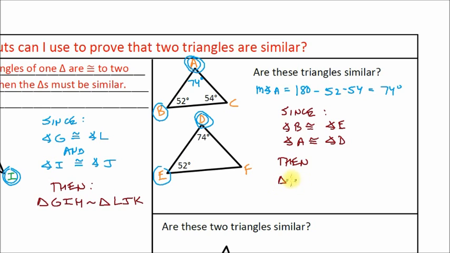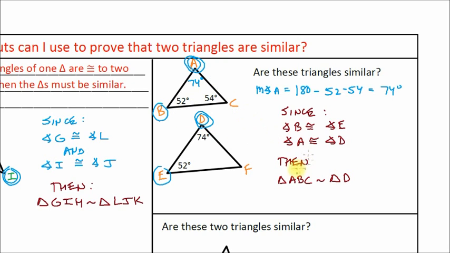Triangle ABC, let's make sure we match up our angles correctly. A goes together with D, so D has to go first. Then I've got B, which is a single mark. So B and E, those correspond. A goes to D, I apologize.